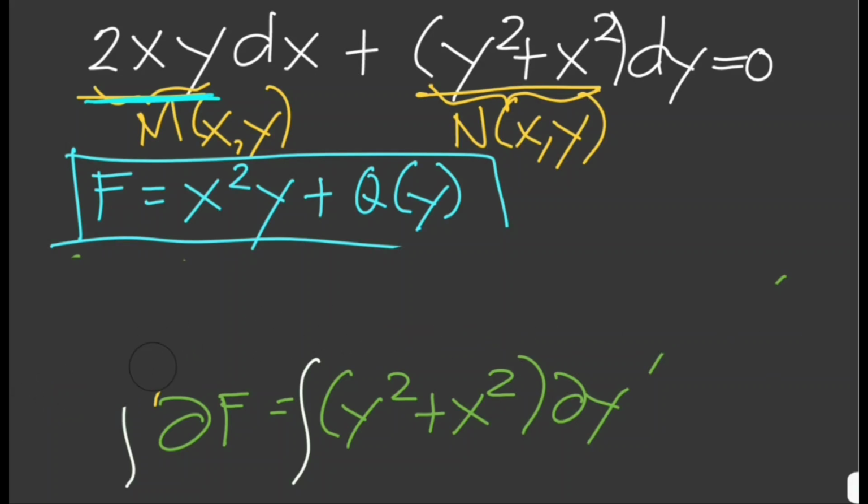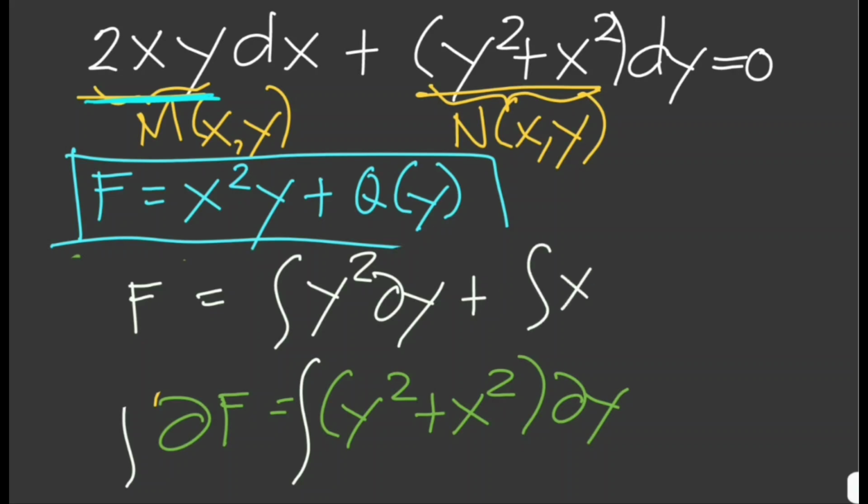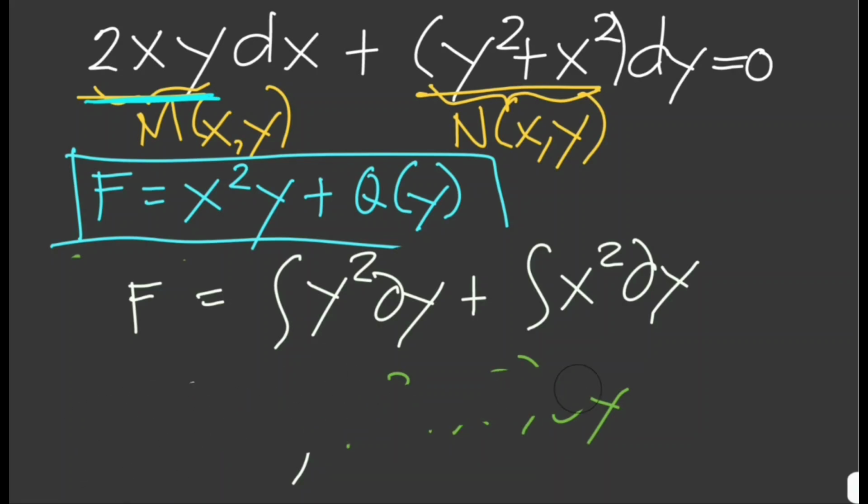Now integrating both sides, the integral of df here is just f equals the integral of y squared plus x squared dy. So we can split this because we have addition. This would become the integral of y squared dy plus the integral of x squared dy. So let me delete this.